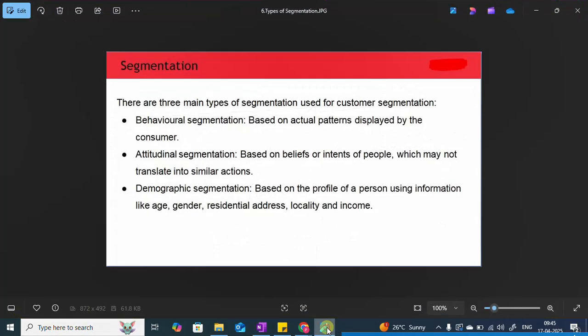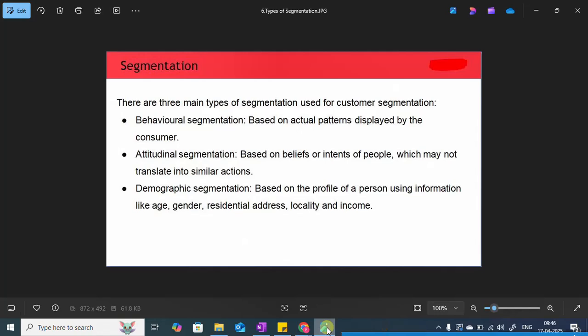So what is behavioral segmentation? Based on actual patterns displayed by the consumer, that is called behavioral segmentation, because actual patterns show the customer's behavior. Similarly, what is attitudinal segmentation? Based on belief or intent of the people, which may not translate into similar action, that is attitudinal segmentation.